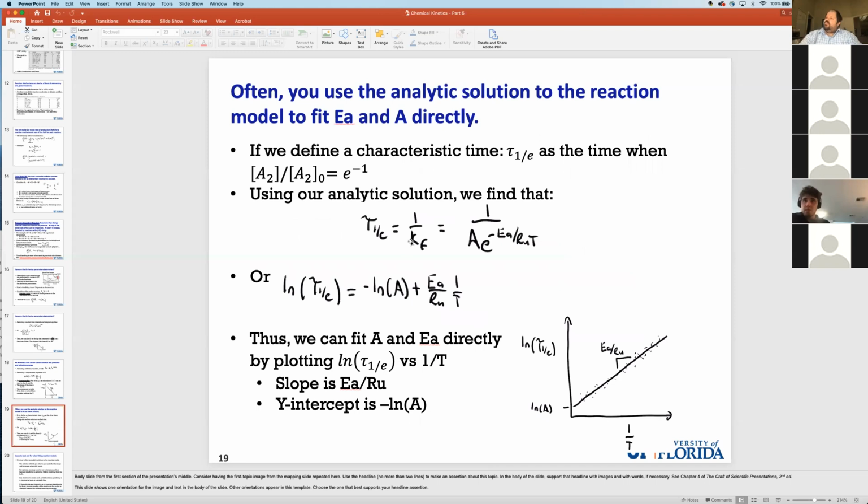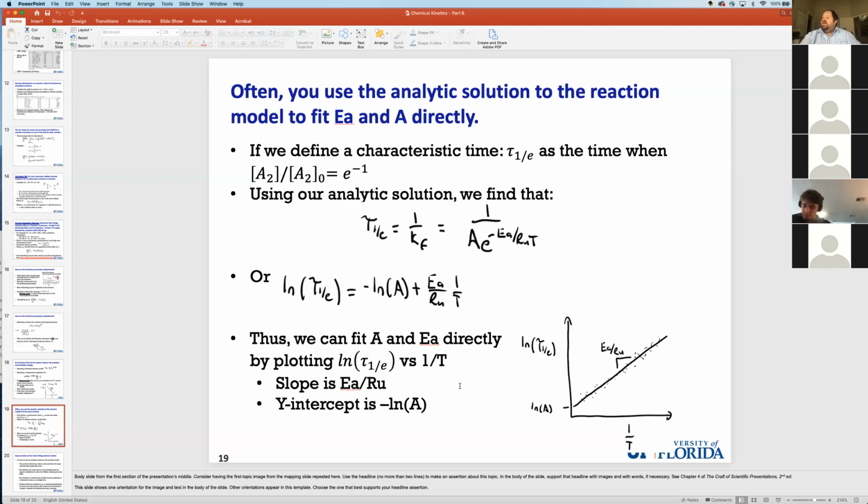Then we know that it's directly just 1 over the prefactor times e to the minus EA over RU T, or we can make an Arrhenius plot of the characteristic reaction time, tau 1 over e. And if we do that, we find that the natural log of tau 1 over e is equal to minus the natural logarithm of A plus EA over RU times 1 over T.